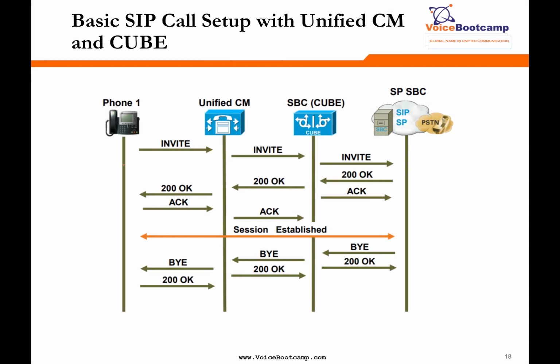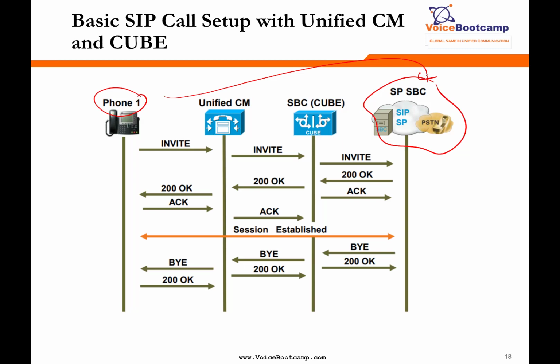Now, this is a basic SIP call setup with call manager and CM, as well as queue, call manager and the queue and a service provider. So as you can see, you have one additional SIP trunk to the service provider. All you're doing is establishing connectivity from phone 1 all the way to the service provider SBC.